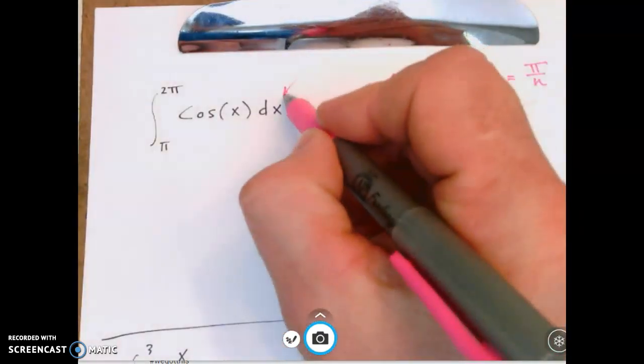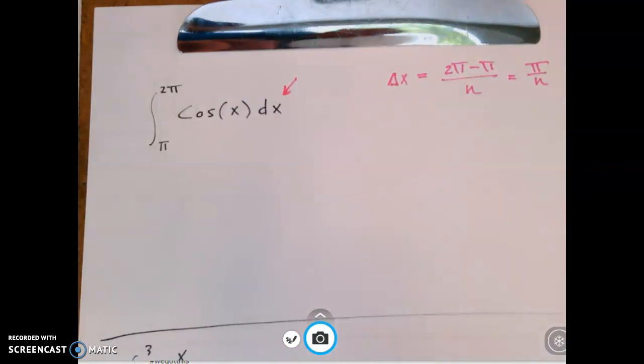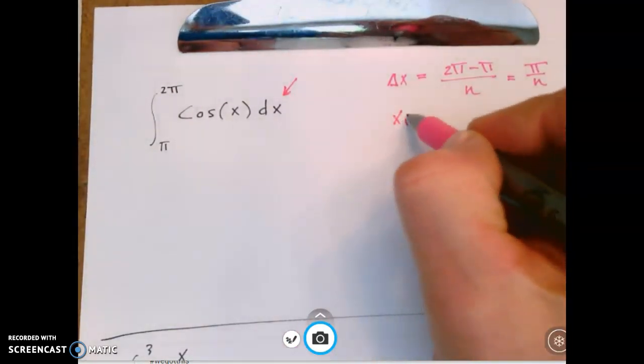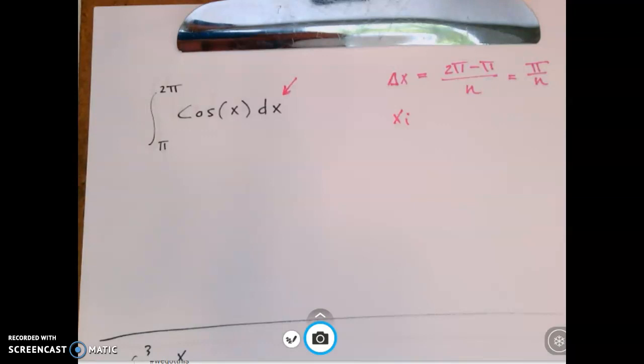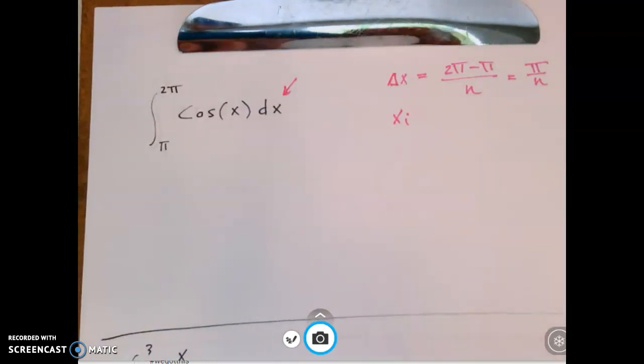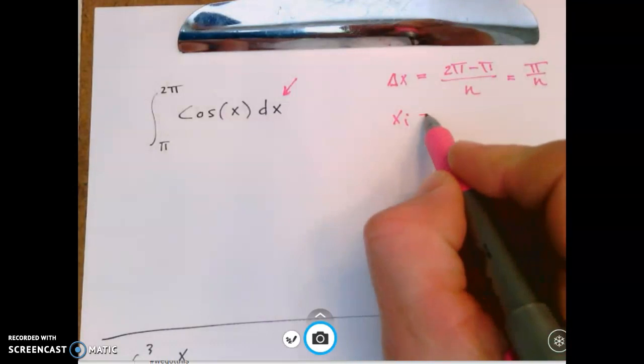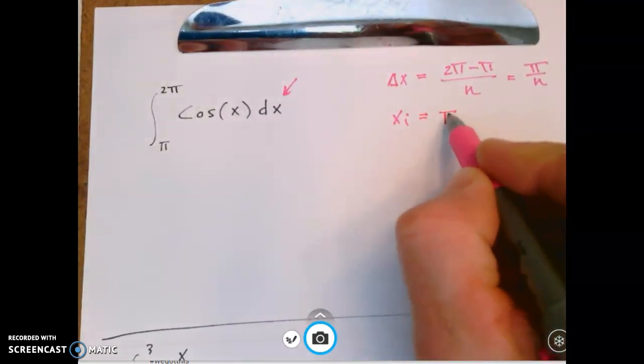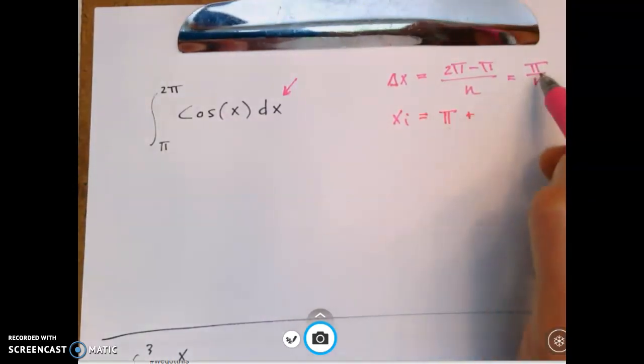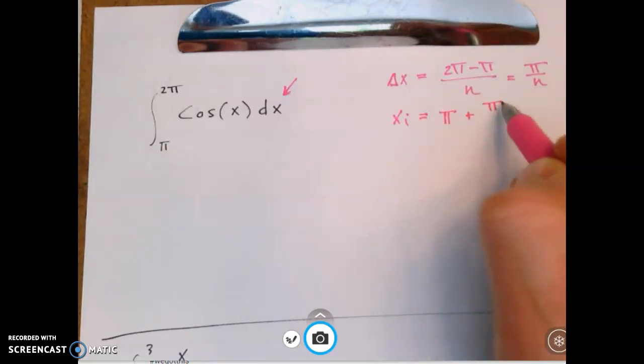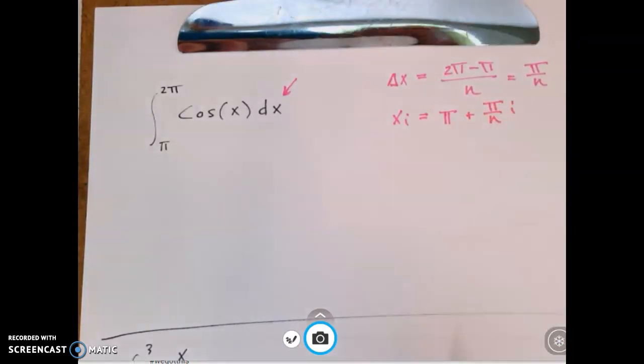Next, we need to find our x sub i term, or we sometimes see it as our kth term. x sub i and x sub k are the same thing. In this case, it's going to be pi plus our delta x, which is pi over n, times i.